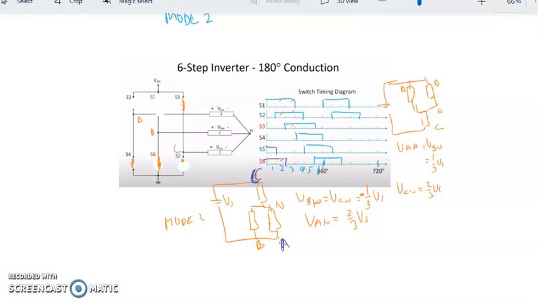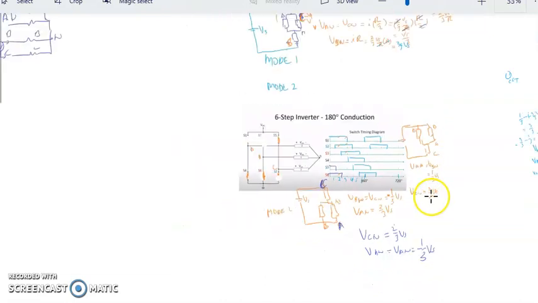So it means that we have here VCN, which is 2/3 of VS, and VBN is equal to VAN, which is 1/3 of V source. So VAN and VBN is negative because it's on the negative poles or negative sequence. Positive 2/3 for VCN, negative 1/3 for VAN and VBN.